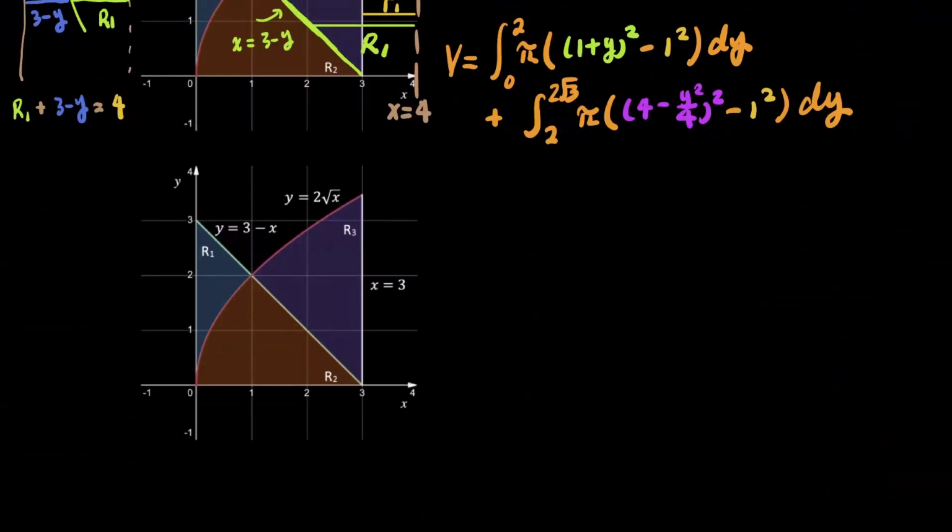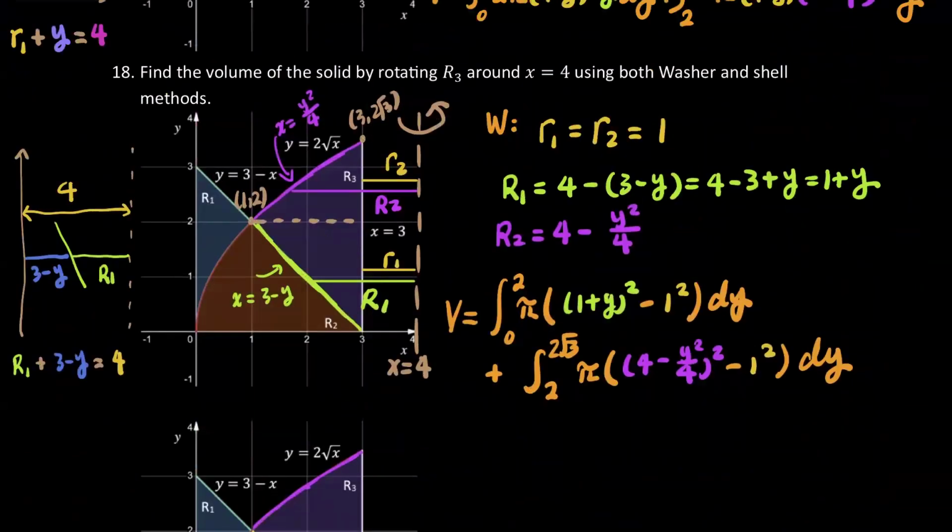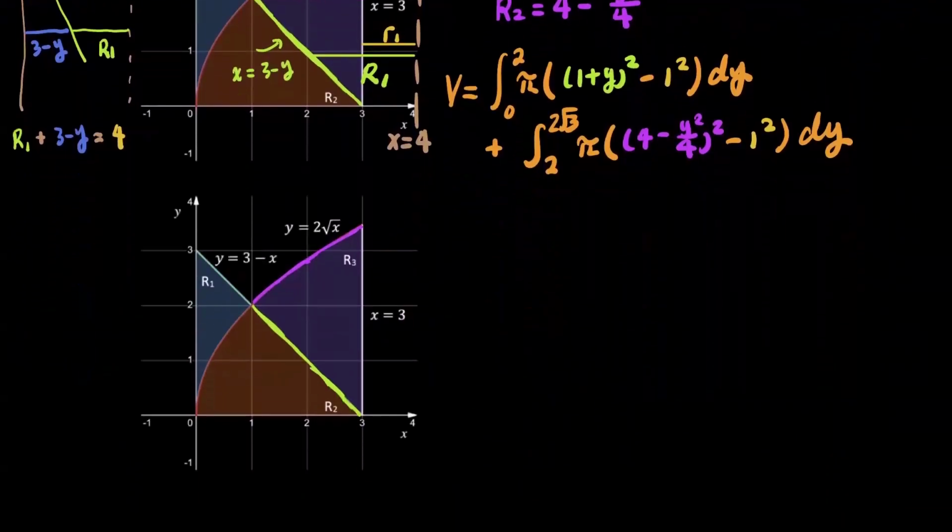Okay, so the last one, we're rotating region number 3 around the line x is negative, oh, sorry, x is 4.